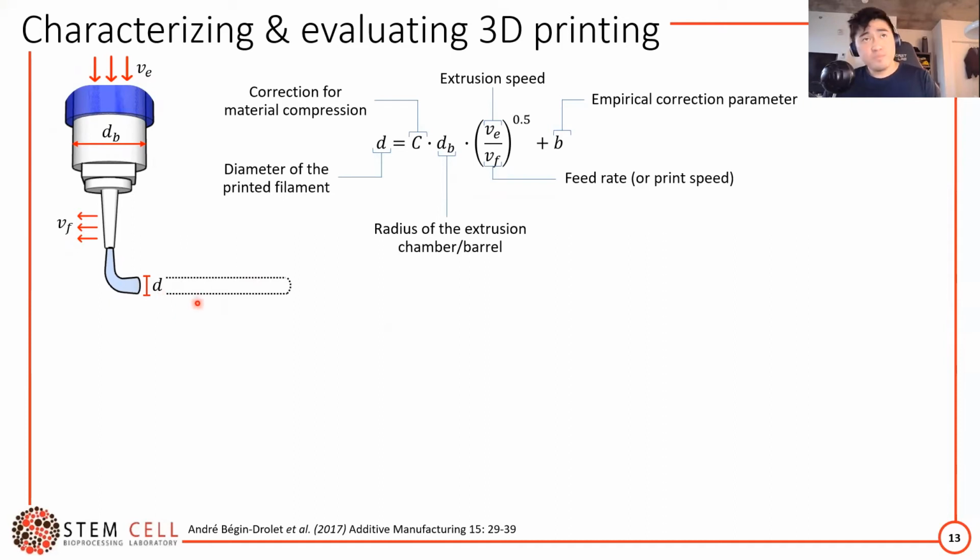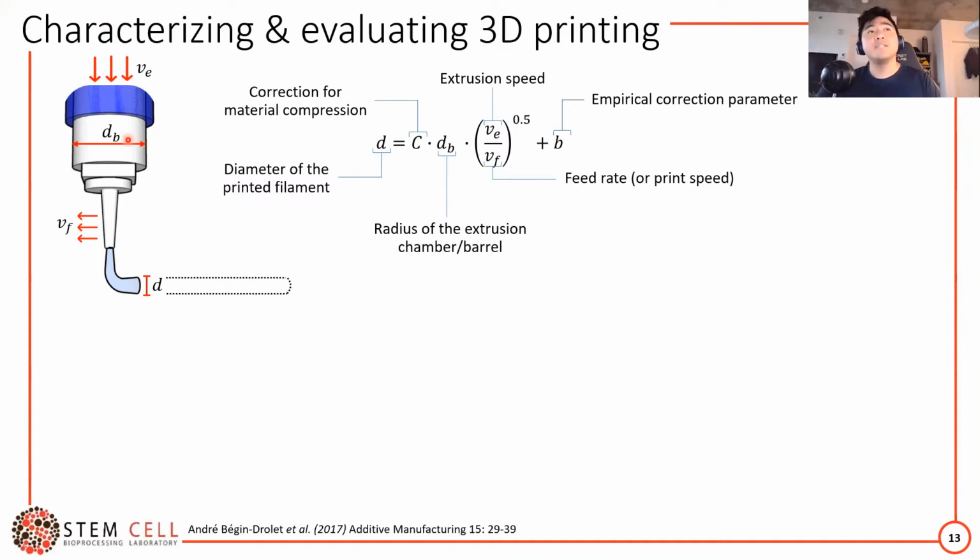Based off of mass transport or mass conservation, you can come up with this equation here that describes how the diameter of your printed filament is a function of your printing parameters. More specifically, dB, for example, is the diameter of your barrel. This is something that you can choose, something that's preset perhaps in your 3D printer, but the diameter is also a function of the extrusion speed. The extrusion speed is the speed at which the material is being deposited through the barrel. This is related to the flow rate.